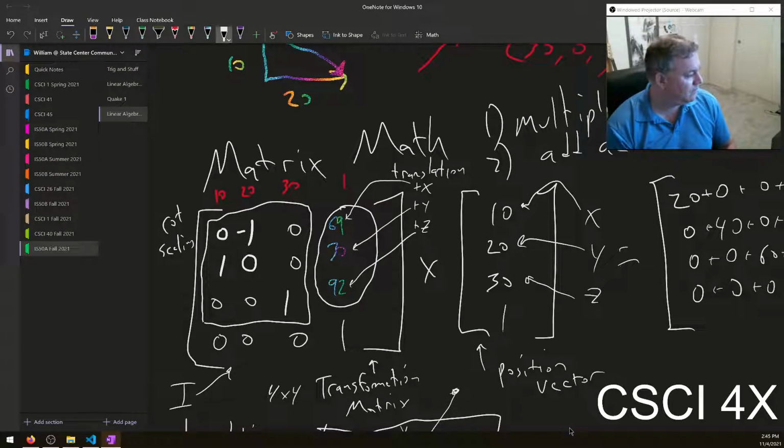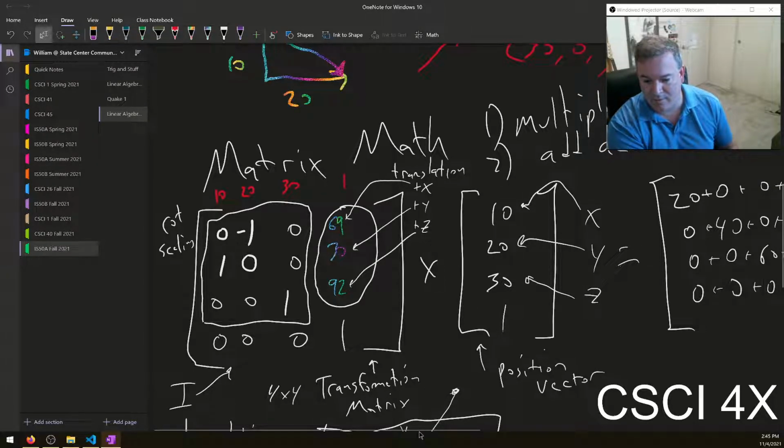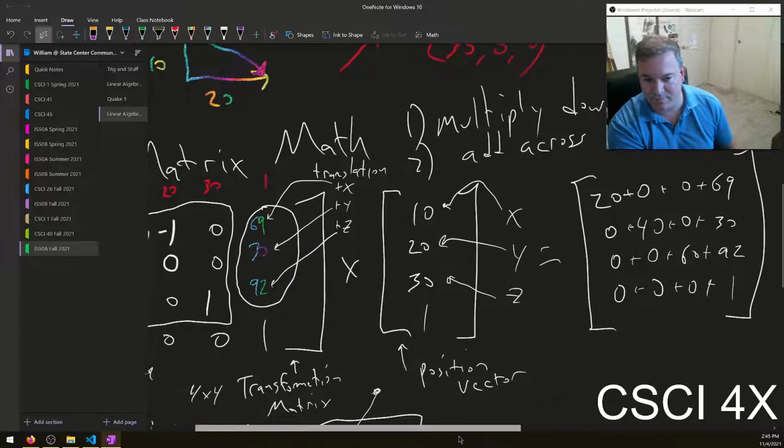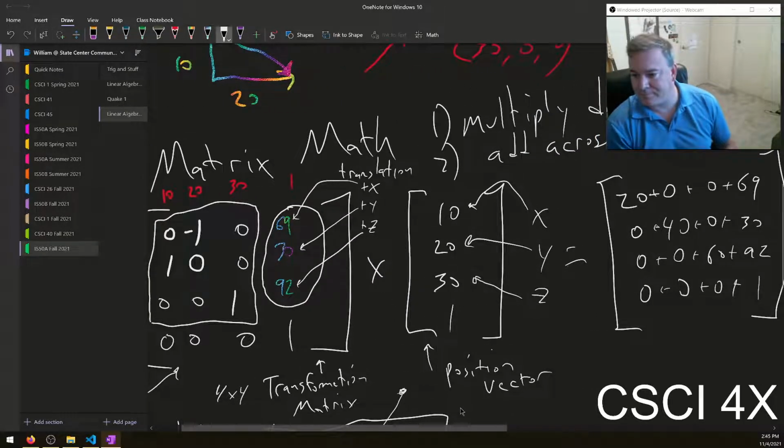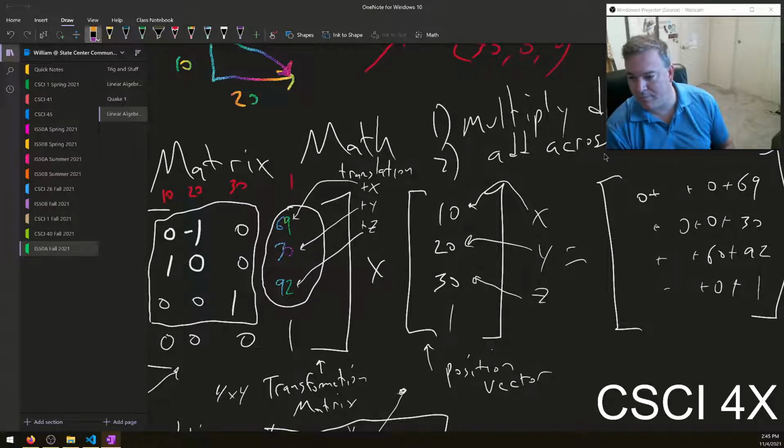Okay, so Torres is doing the math again. 0, 10, 0, 0, negative 20, 0, 0, 0. Third one's the same, so I don't even have to erase that one. And the last column is the same also. So it's going to be very similar, except no scaling on it. Actually, I could just leave those pluses in there, can't I? So we got 0, 10.